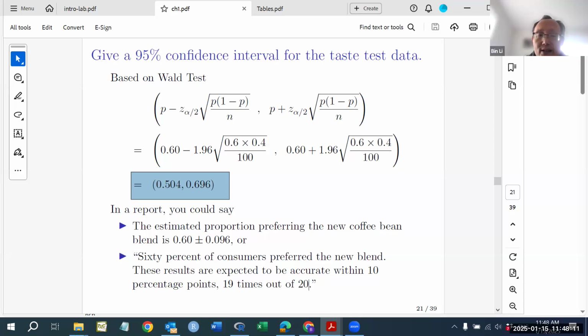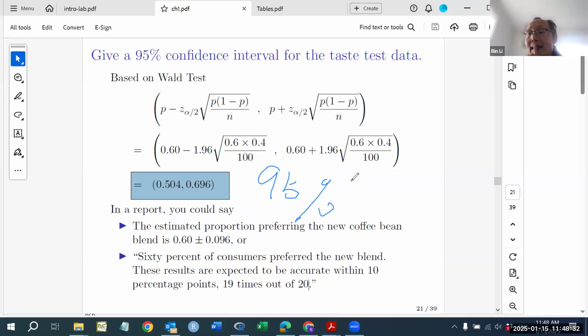When we have this 95% confidence interval, it means this confidence interval has a 95% chance to capture the unknown but fixed parameter. That is what it means.